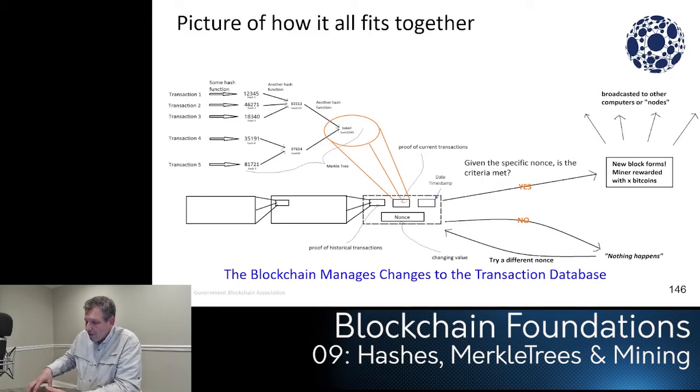Or if people were solving the challenge in less than 10 minutes, maybe on average 8 or 9 minutes, then it would add a 0 to the first 4 leading, so it would have to be maybe the first 5 leading zeros. And that would make it more difficult. So the difficulty of the nonce challenge is changed based on the statistical probability that the solution will be arrived at in about 10 minutes. And that's a little bit about how that works.